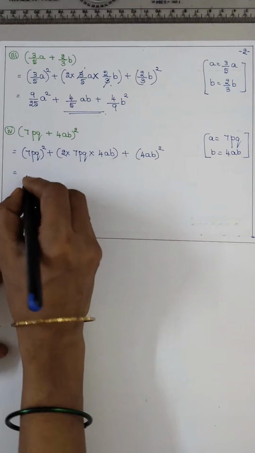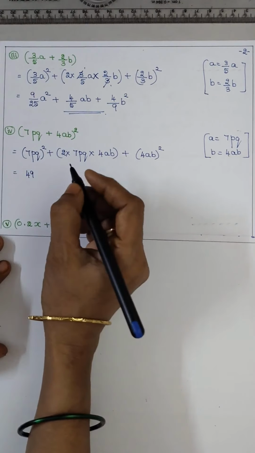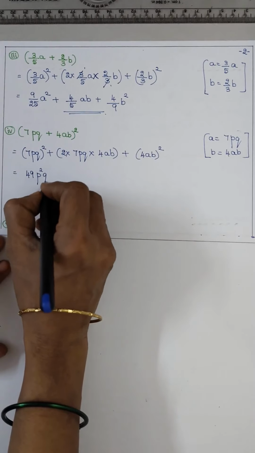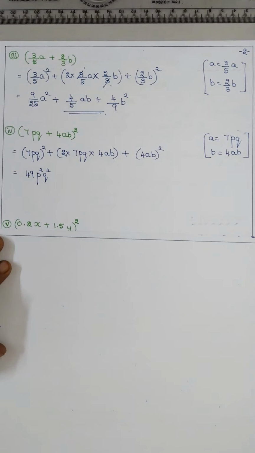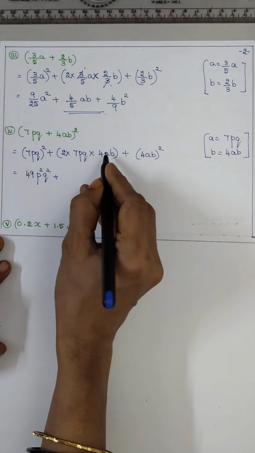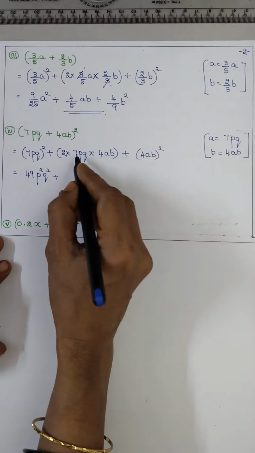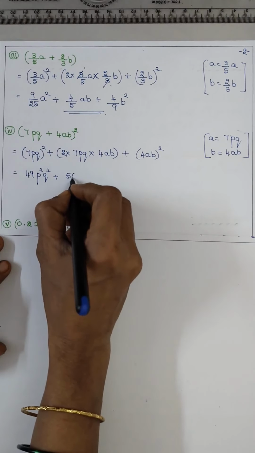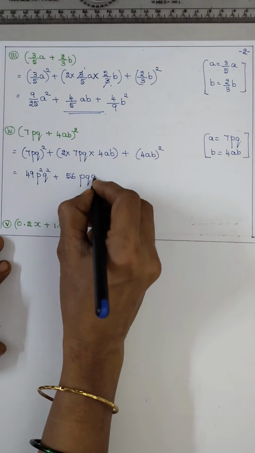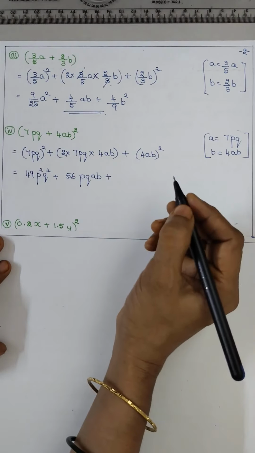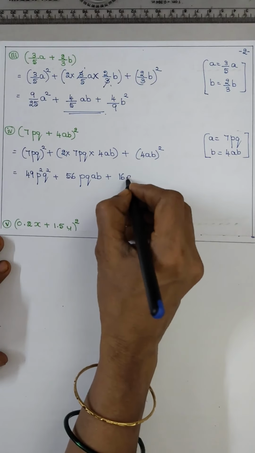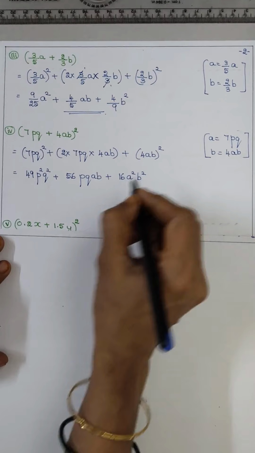Now 7 squared is 49. Now P squared, Q squared. Individually you have to put the square, P squared, Q squared, plus 2 4s are 8, 8 7s are 56, PQAB, plus 4 squared is 16, individually A squared, B squared.